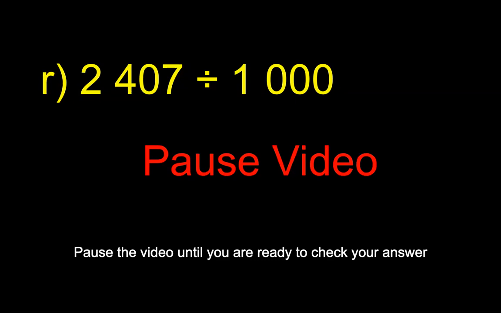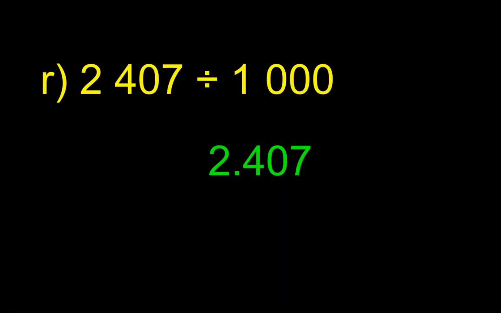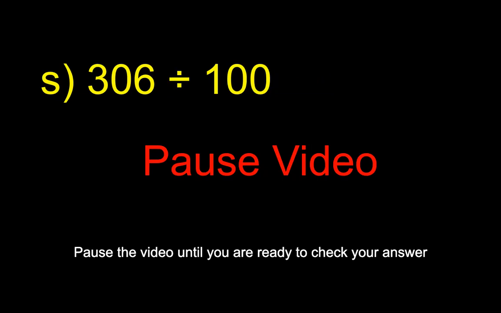2,407 divided by 1,000. Oh, this is new. We're now dividing by 1,000. We've only done 10 and 100 so far, but I'm pretty sure you've spotted the way it works. When you divide a number by 1,000, it becomes 10 times smaller, and then another 10 times smaller, and then another 10 times smaller. So pause the video until you're ready to mark, and then resume. 2.407. 306 divided by 100.